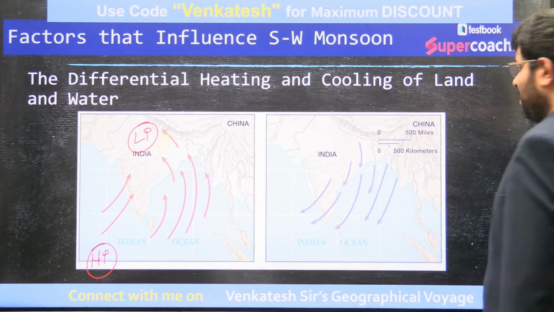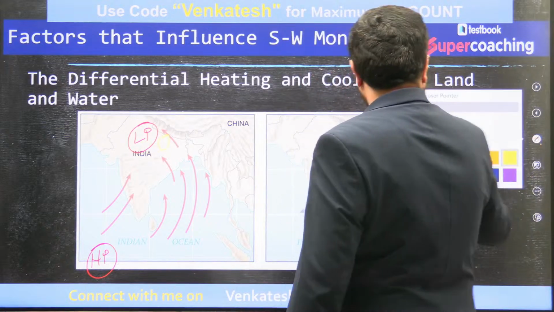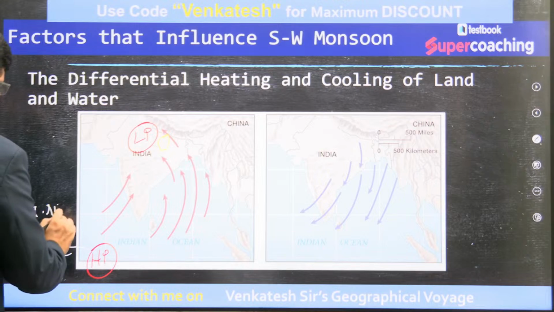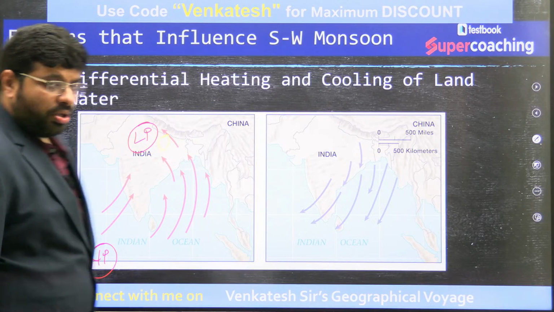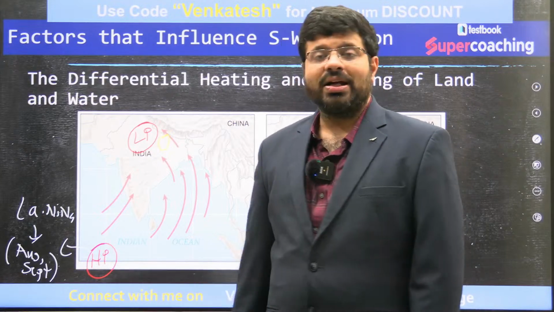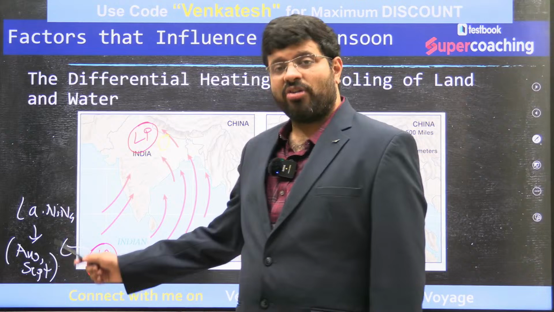Similarly, this year there is also a La Nina, especially by the time of August and September. When you have high pressure conditions in the Indian Ocean, La Nina conditions are also favorable in the months of August and September.